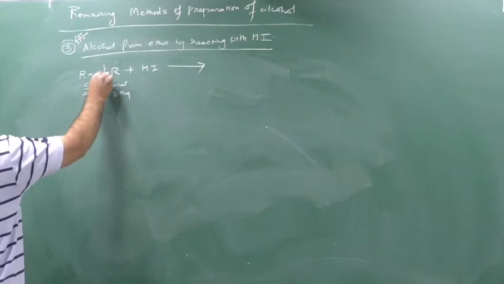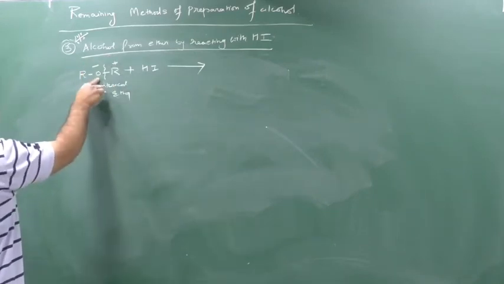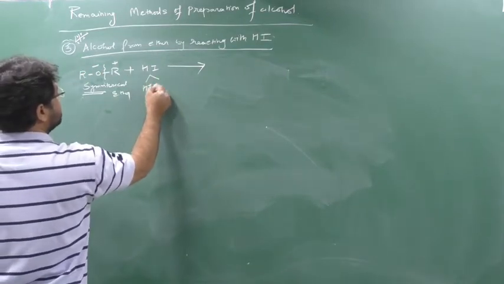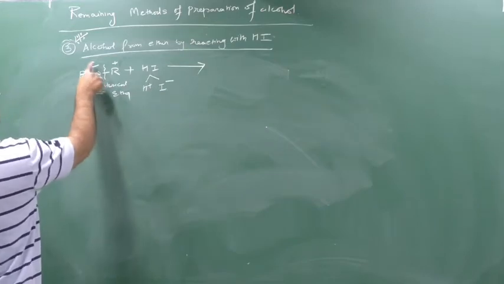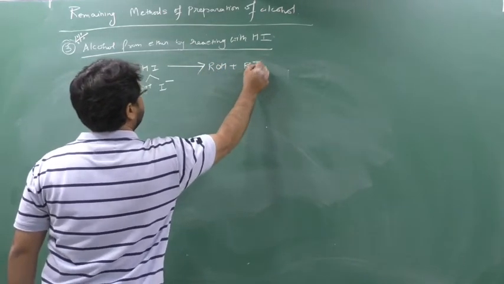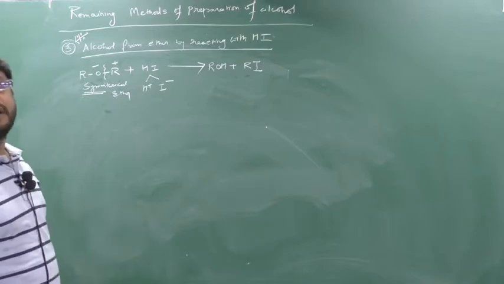Again see, here splitting occurs, in this way or in this way, answer remains same, minus and this plus, because oxygen is in this part, so this whole will be minus and this will be plus. This will be H plus and this will be I minus. So RO minus and H plus will get ROH plus RI. Clear? But now unsymmetrical ether comes, then what?